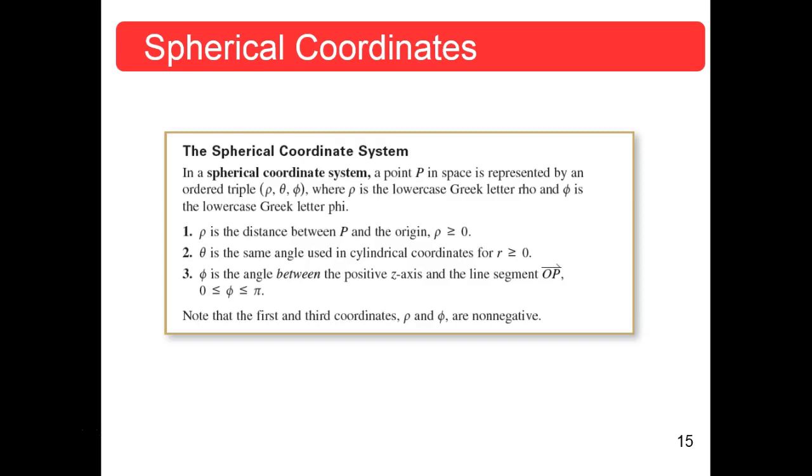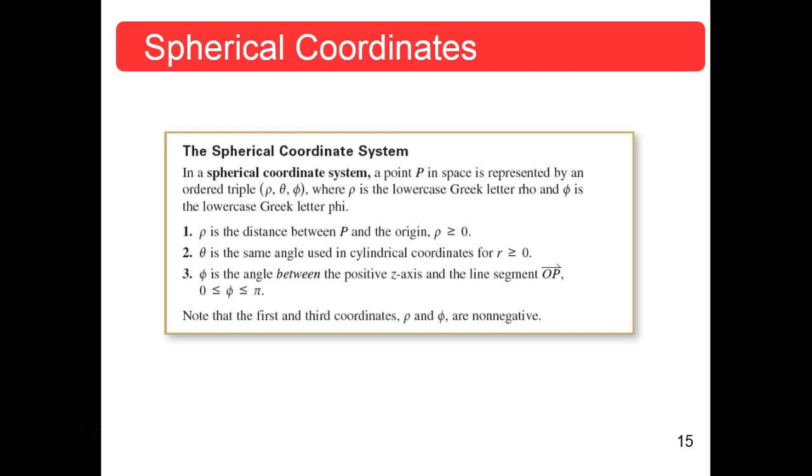So here's the spherical coordinate system. In the spherical coordinate system, the point P in space is represented by an ordered triplet. Now they don't call it r anymore; it's rho, and that is a three-dimensional radius, a spherical radius. Theta is similar to the theta that we use in polar and cylindrical coordinates.